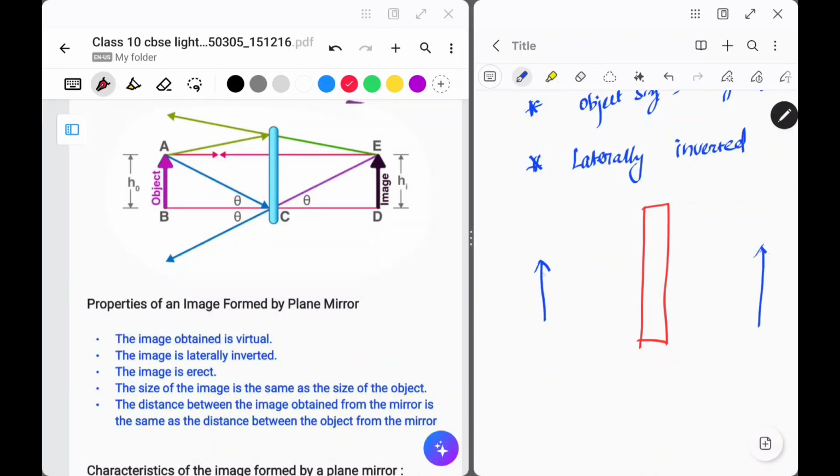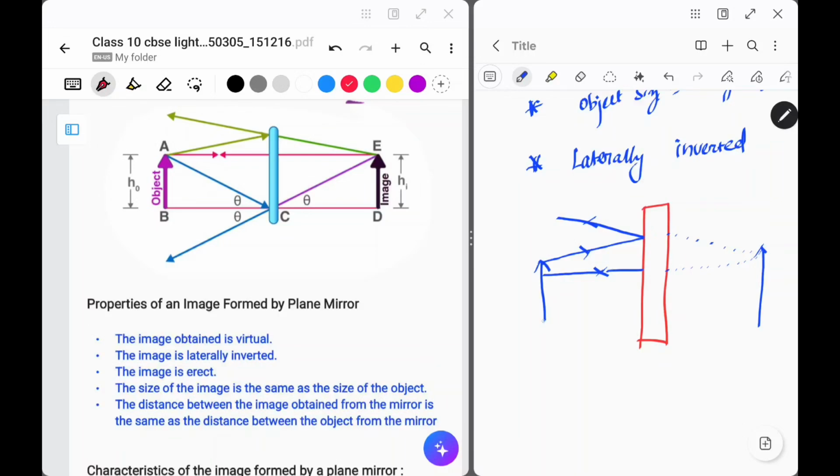If I take a parallel light here, first it will reflect, correct or not? Reflect. When I extend this line, you can get an image here. Likewise, a straight line I am going to take, it will automatically reflect. If I extend this line, we can get an image.